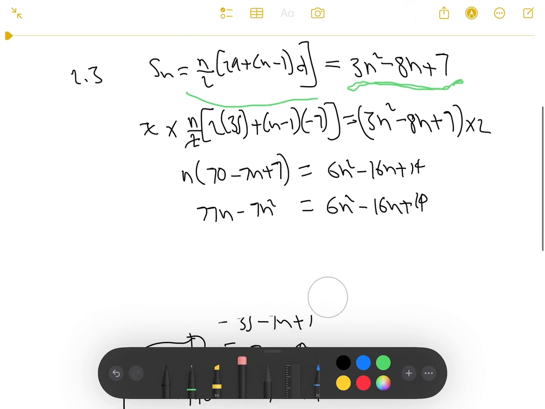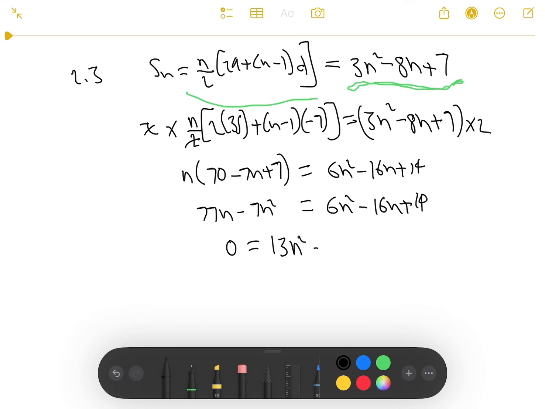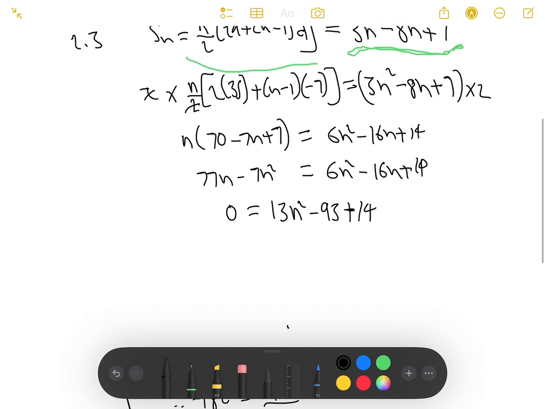Of which from this we can move everything to the right hand side to end up with 0 being equal to 13n squared minus 16 plus 77, 93, and then plus 14, right?